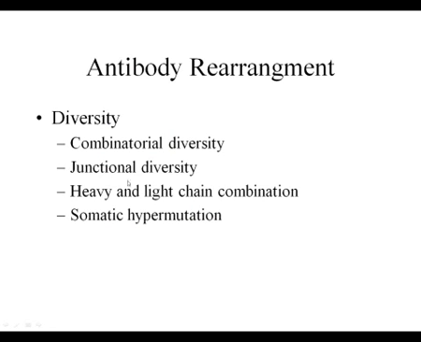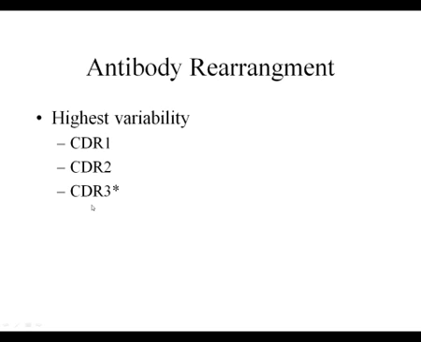Then you also get some diversity because the different heavy chains and light chains that are made in each cell can then be combined. And lots of different heavy chains could be made, and lots of different light chains could be made. And a heavy chain and light chain is going to go together to become an antibody receptor. And then specific to antibodies, it doesn't happen in T-cell receptors, you get something called somatic hypermutation that we'll talk more about in a minute.